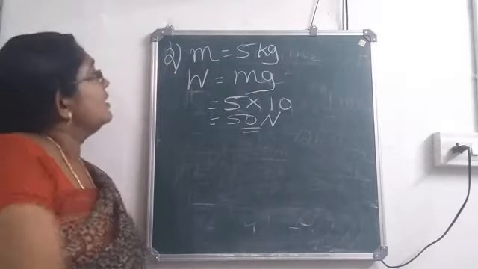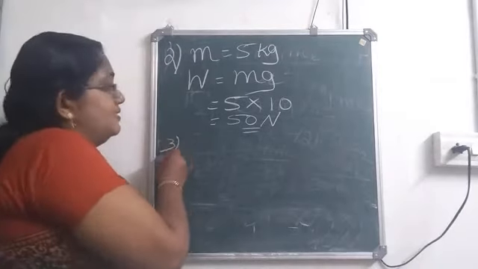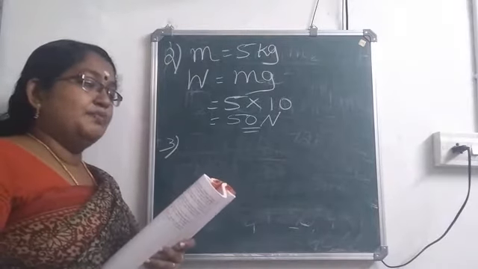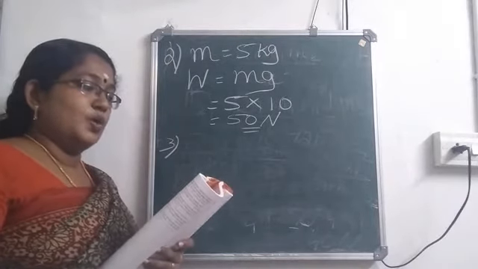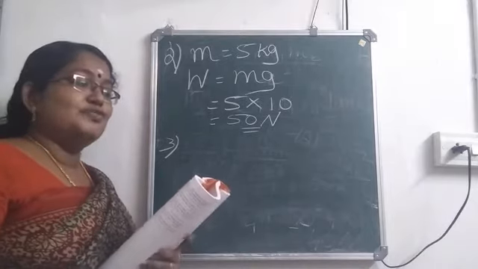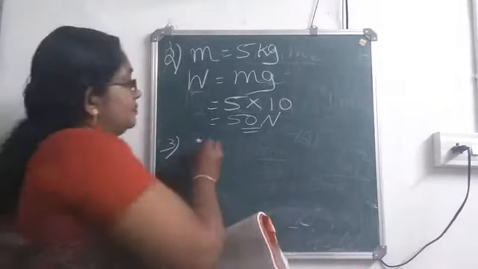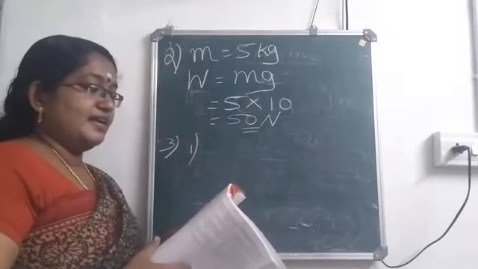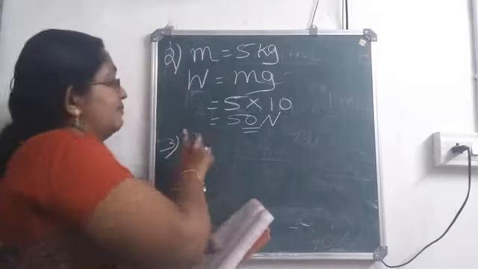Now we will move to question number 3. Calculate the weight of a body of mass 10 kilogram in kgf and in Newton, and the value of g is given there. So, mass of the body is given as 10 kilogram.